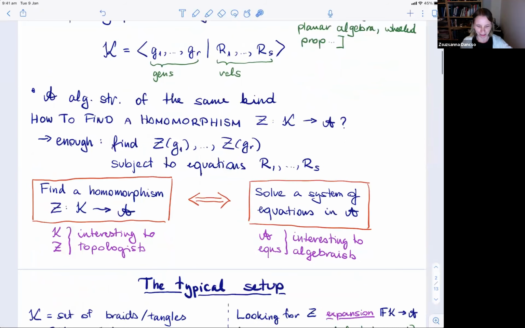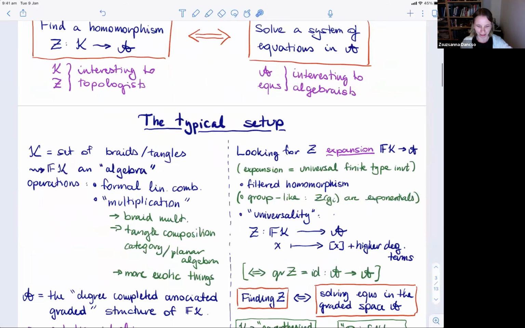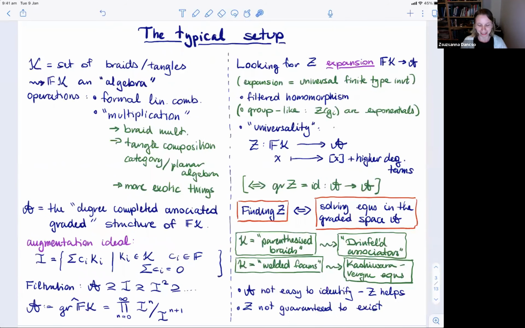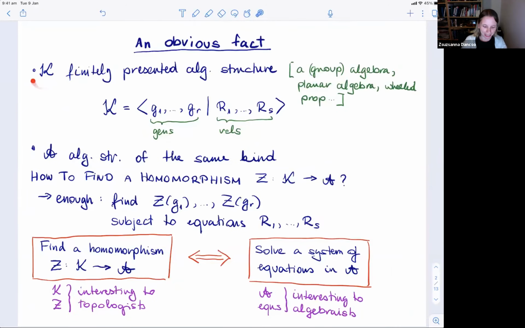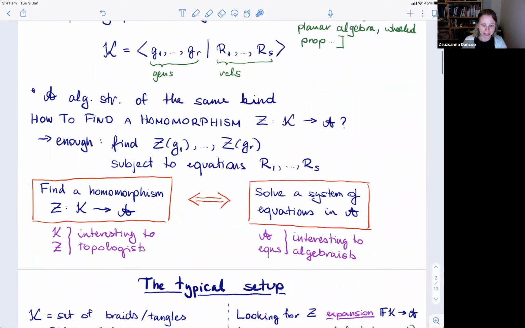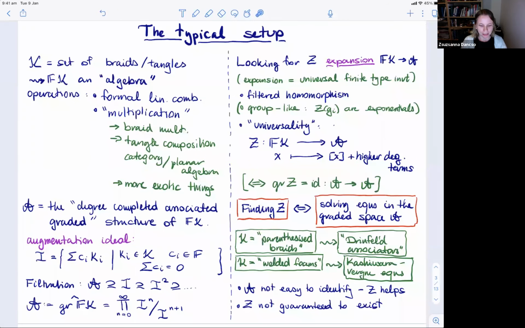Now, that's too general to be all that useful. So I'd like to firm it up by giving you a bit more of the technical details of this setup. So typically, K, which was our first object, that's some set of braids or tangles. So some sort of structure in knot theory.